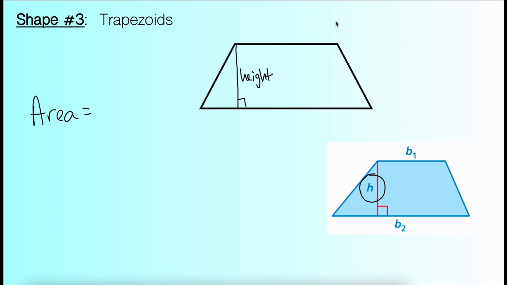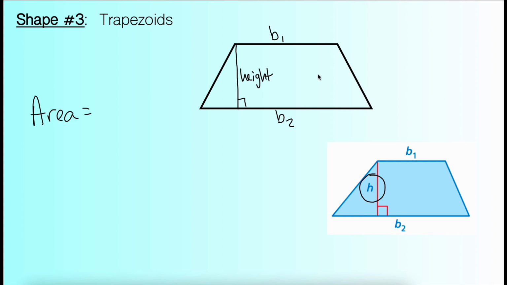In a trapezoid, there is not one, there are two bases. We call one of them B1 and the other one B2. The bases are the two parallel sides. So in this trapezoid, these are considered the bases because they are the two sides that are parallel to one another. These other two sides are nothing. They're not relevant in finding the area. And I get this question a lot, so I'll point it out.